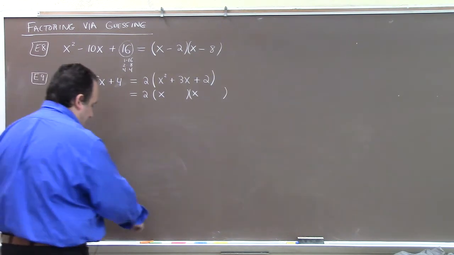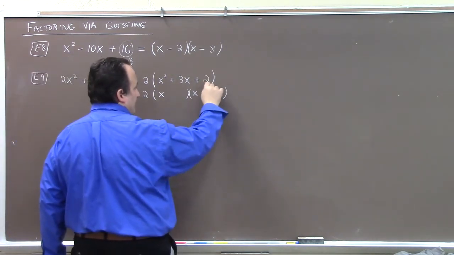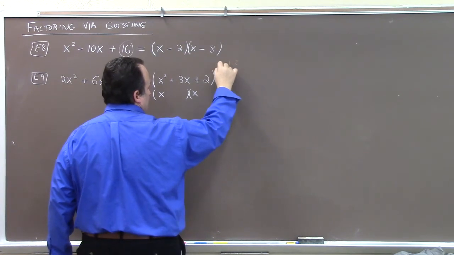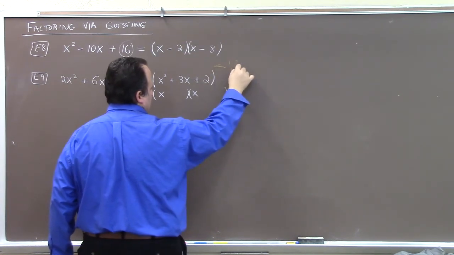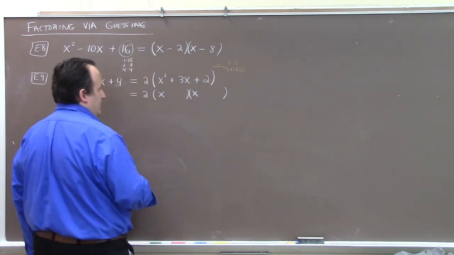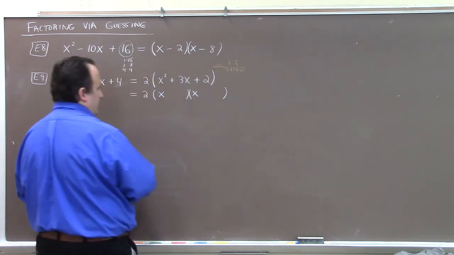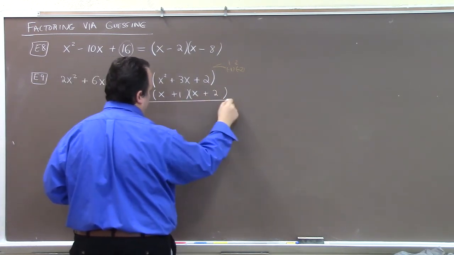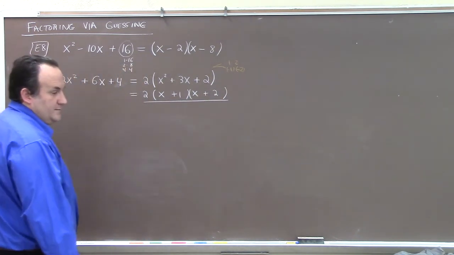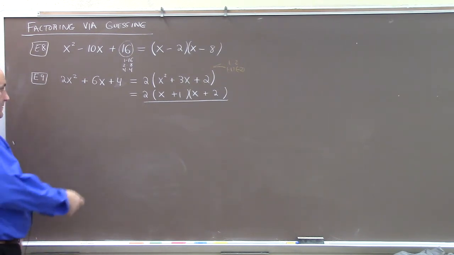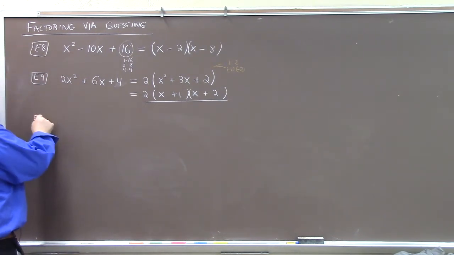So I can do 1 and 2, or minus 1 and minus 2. Which one? 1 and 2, so plus 1, plus 2. Great. All right, are we good? Okay. Example 10.